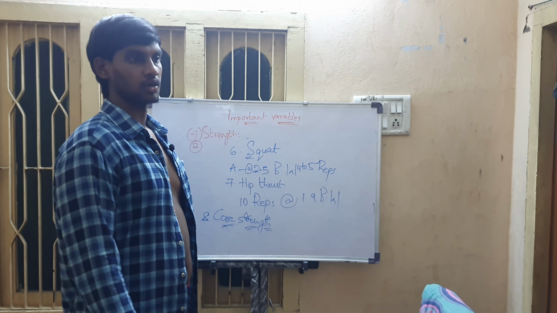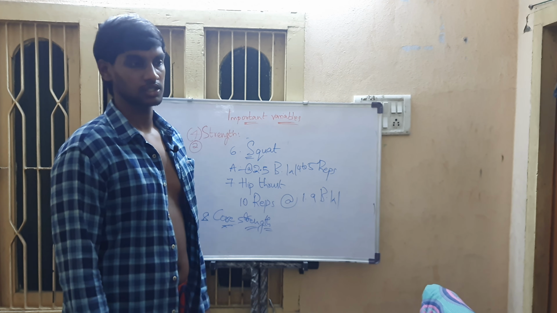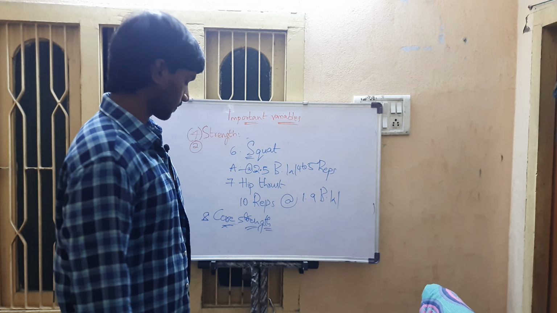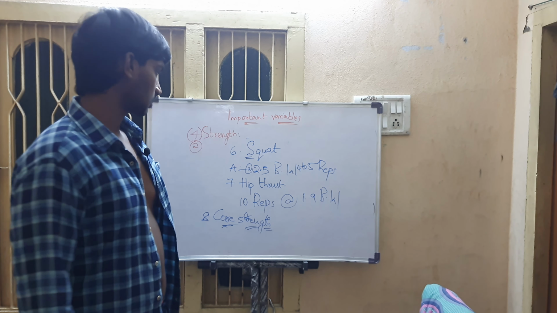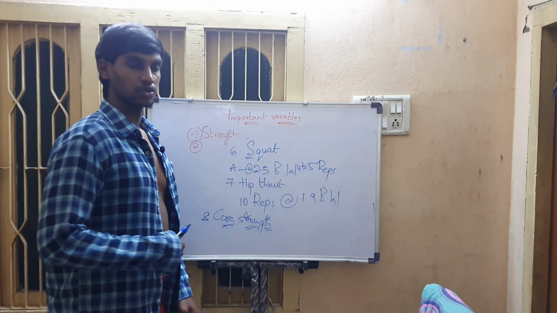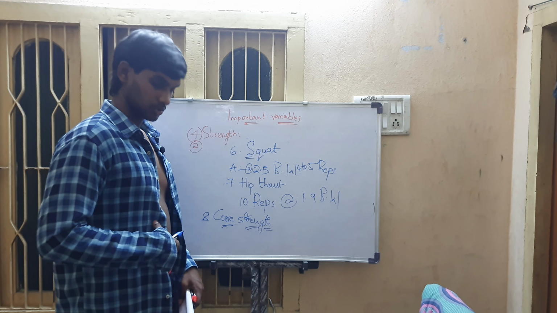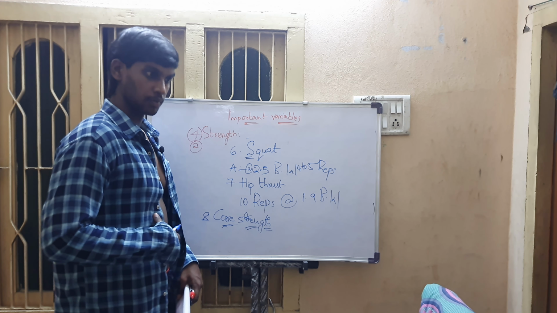And the final one, I used to finish the ab workout with hyperextension, because mostly people feel some back pain after training their abs since you tighten the front portion.